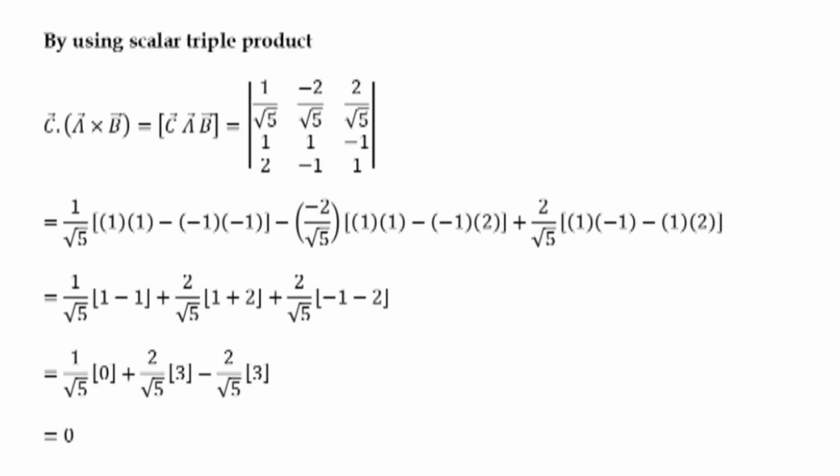So 1 by root 5, minus 2 by root 5 and 2 by root 5 are the cofactors, and in the minors you can see, in the first minor we have 1 into 1, then minus 1 into minus 1, and in that way we have just done the simple determinant expansion and we have got the result to be 0. So the answer for this question will be 0 directly by using the scalar triple product.